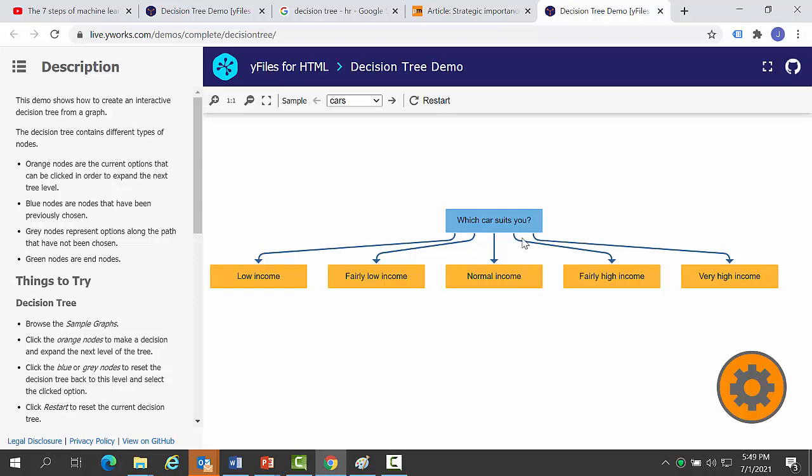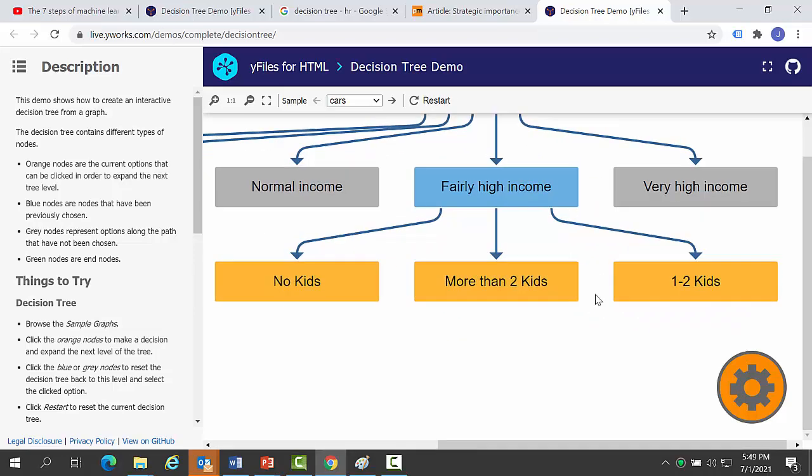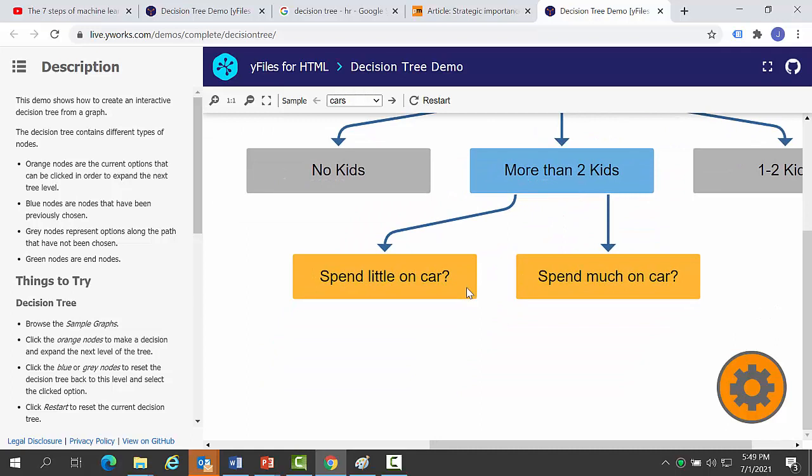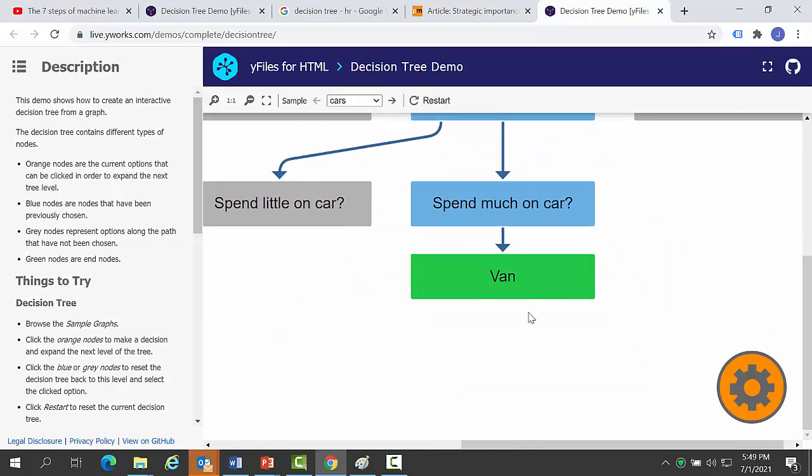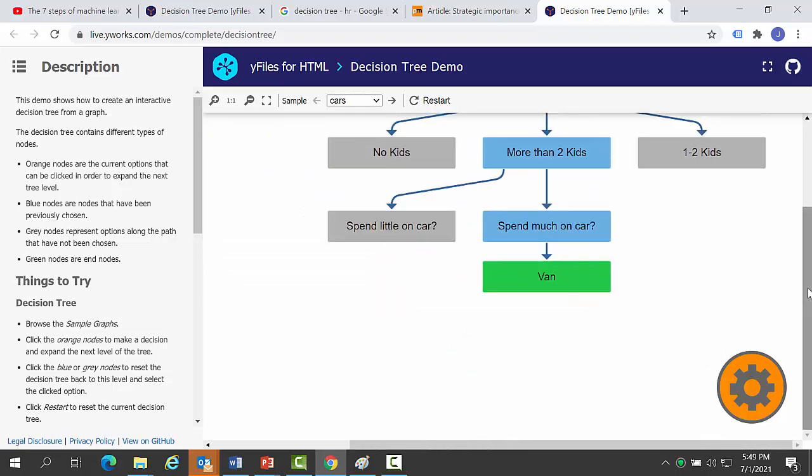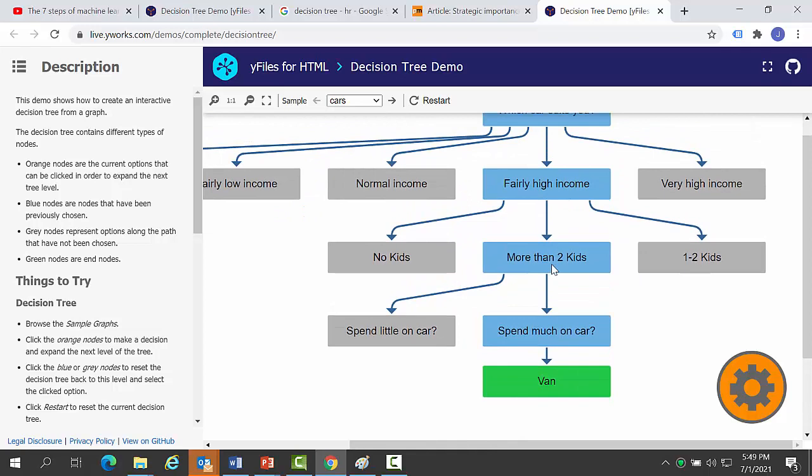If this person earns a fairly high income, then we start to ask, does he have kids? Does he have more than two kids or just one to two kids? If he has more than two kids, does he want to spend a little or a lot on a car? And if he wants to spend a lot, for someone with this profile, fairly high income, more than two kids, and willing to spend on a car, then his choice would likely be a van.